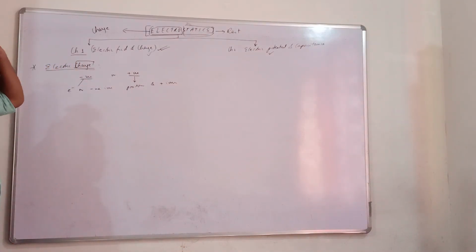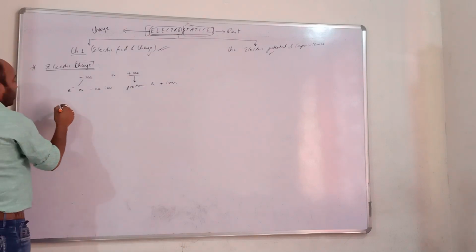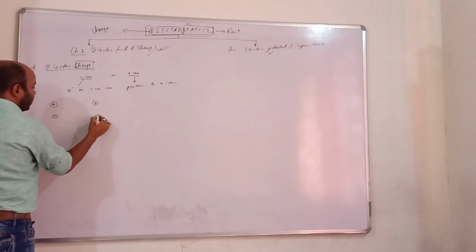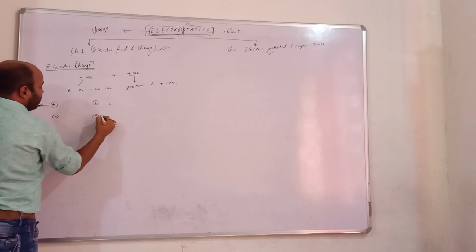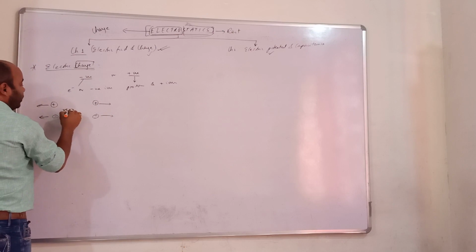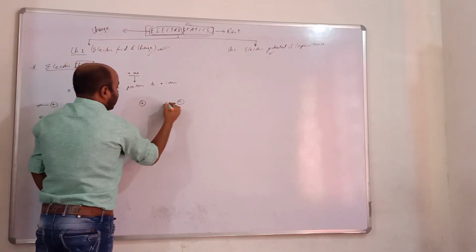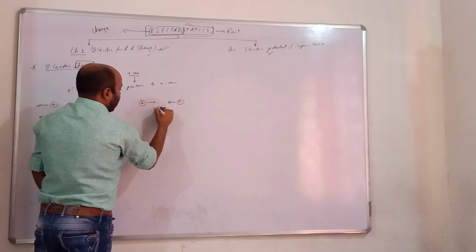Now, in your class 10 or 9, I think you already studied: when we take two plus charges or two minus charges, they start repelling, right? And if I take a plus and a minus, they start attracting.